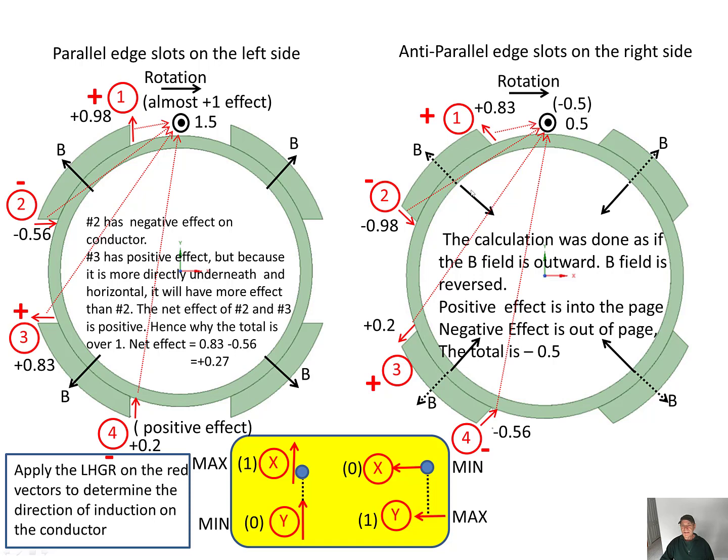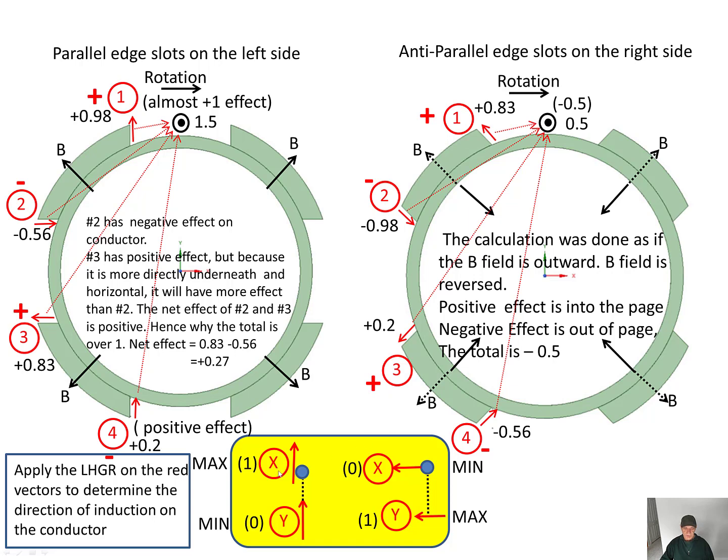But because in reality the B field is coming down, it would also be 0.5 in the same direction as with the parallel slots. The calculation was done as if the B field is outward. With the B field reversed, positive effect is into the page, negative effect is out of the page. The total is minus 0.5.